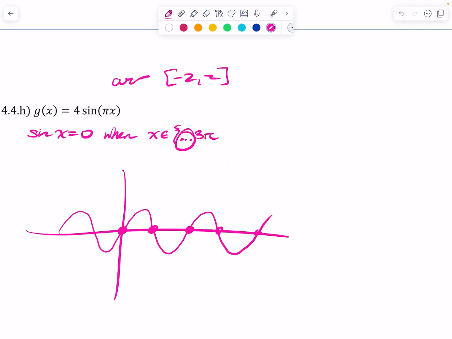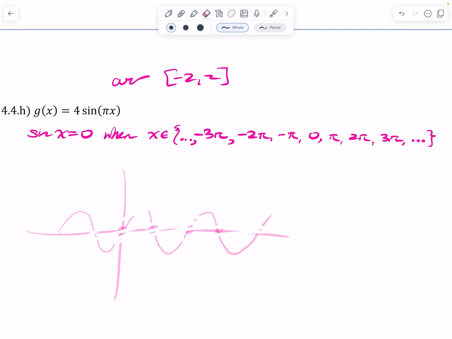It's officially called an ellipsis. But yeah, so on and so forth in the left direction, could be -3 pi, -2 pi, -pi, 0, pi, 2 pi, 3 pi, and so on. Again, you don't have to write that step, but if it helps you, I would say go for it.